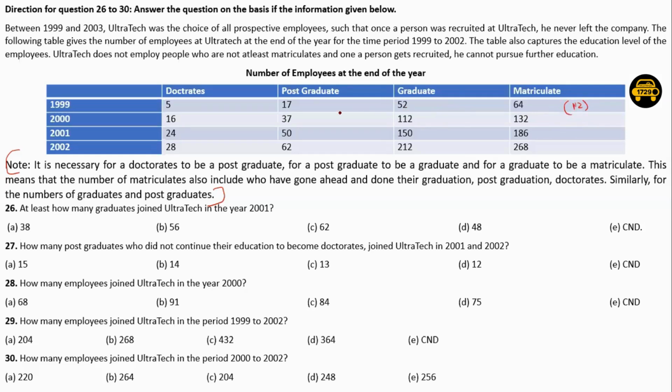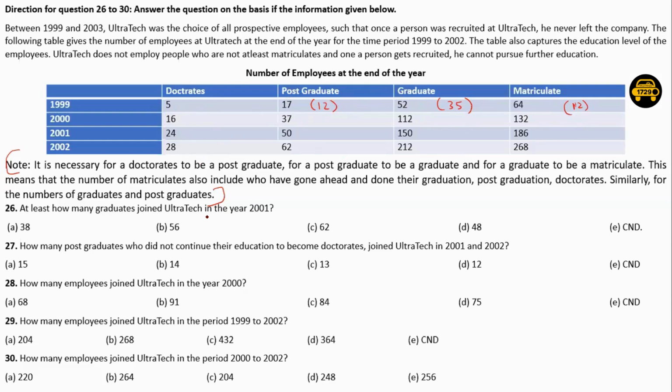Now, out of 52 graduates, 17 people were postgraduates as well. So if we have to calculate only graduates, it will come out to be 52 minus 17, that is 35. Now, out of 17 postgraduates, 5 were doctorates as well. So if we have to calculate only postgraduates, there will be 12, 17 minus 5. And we have 5 doctorates. This is the way we can decode the entire table, right?